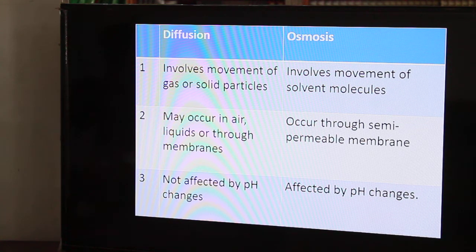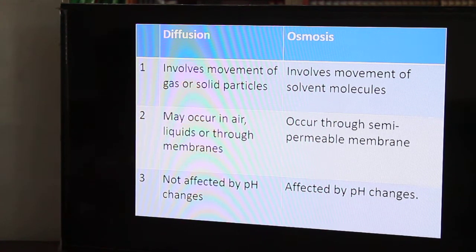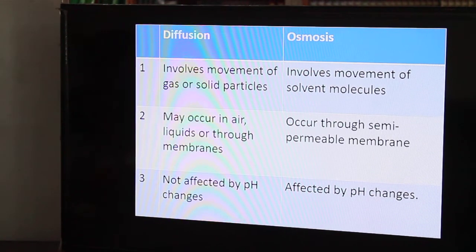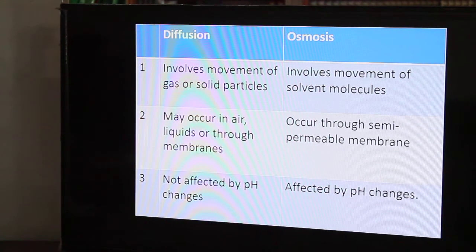Another thing about diffusion is that we have seen it taking place in solution form, meaning the particles of a solid dissolve in a liquid and normally diffuse from where their concentration is high to where their concentration is low. So we say diffusion involves the movement of gas or solid particles.